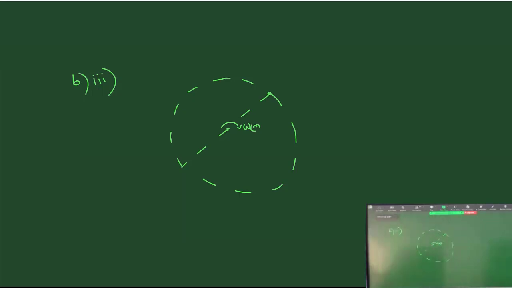Now that point is itself the center of the 2 points. Whatever these 2 points, 1 and 2, are, they are equidistant, so this is my center of mass, and it is moving on the circle. Now, try to understand one thing.